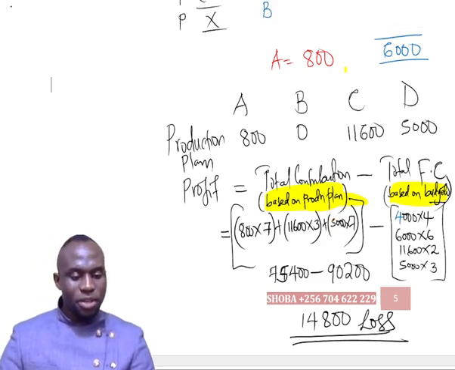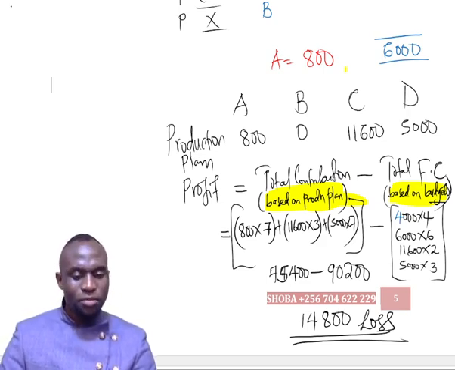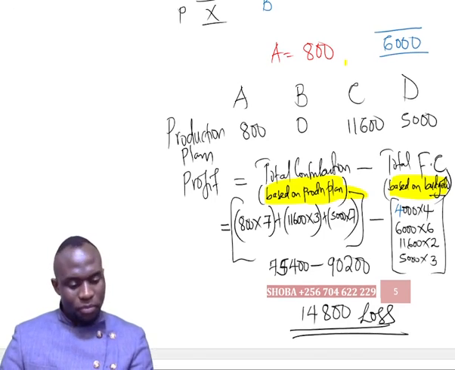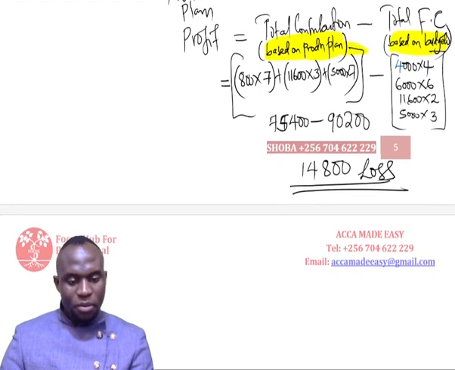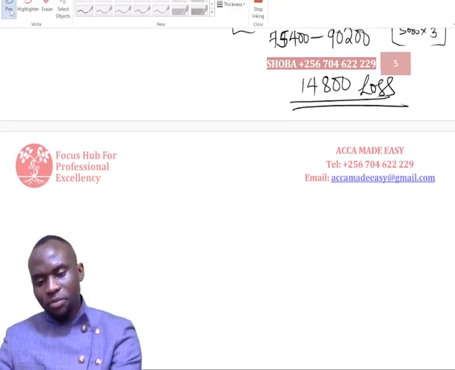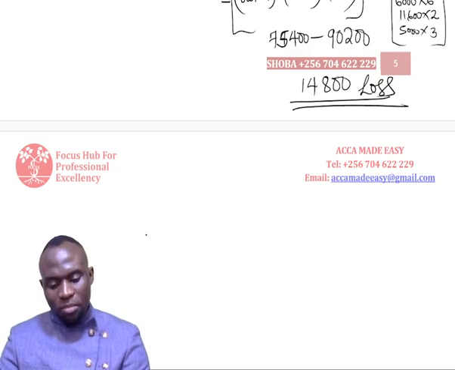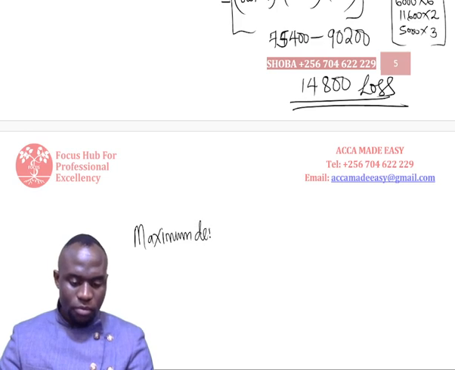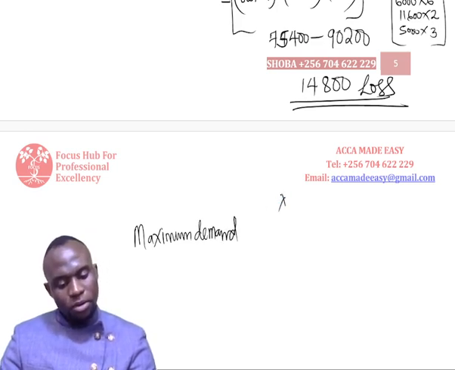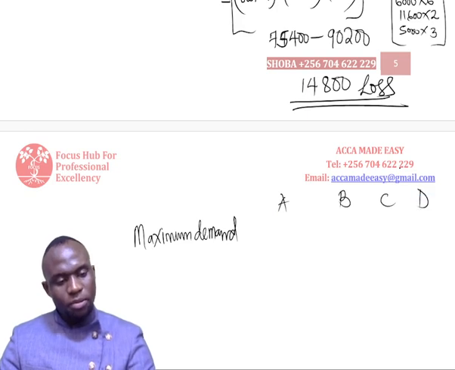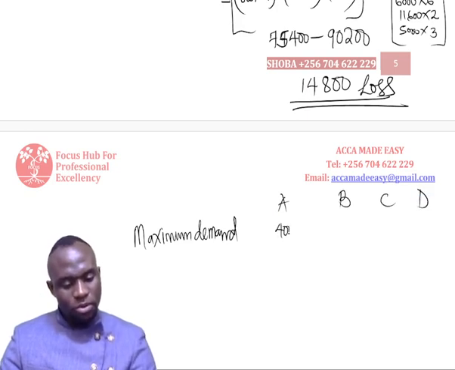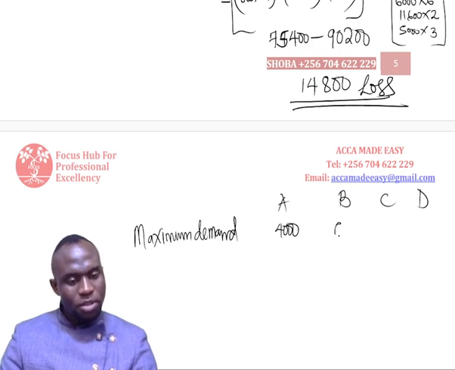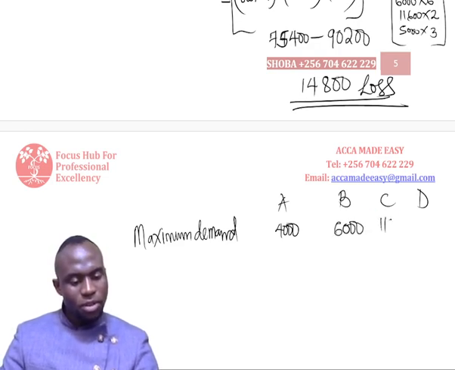Now I think we can look at the saving per limiting factor. Okay, before we look at the saving per limiting factor, the other trick could be this. The question could tell you that this is the maximum demand. So maximum demand for A, B, C, and D was 4,000 units, B was 6,000 units, C was 11,600 and D was 5,000 units.